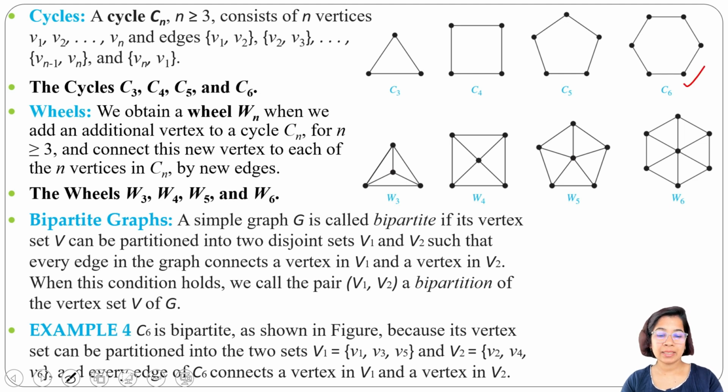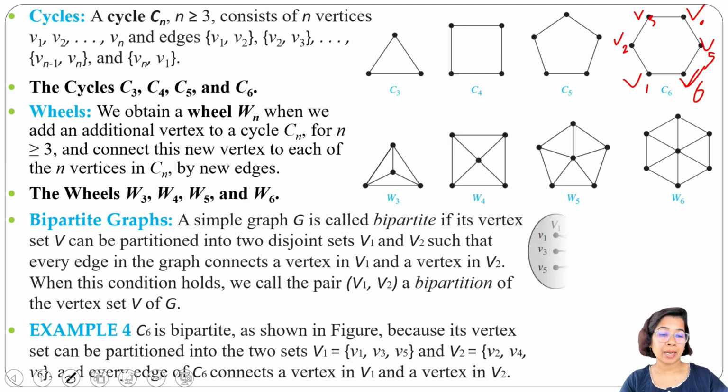This is C6. This is V1, V2, V3, V4, V5 and V6. So there are edges from V1 to V2 and V1 to V6. So what we can do, we can make a partition like V1, V3, V5 one group, then V2, V4, V6 another group.